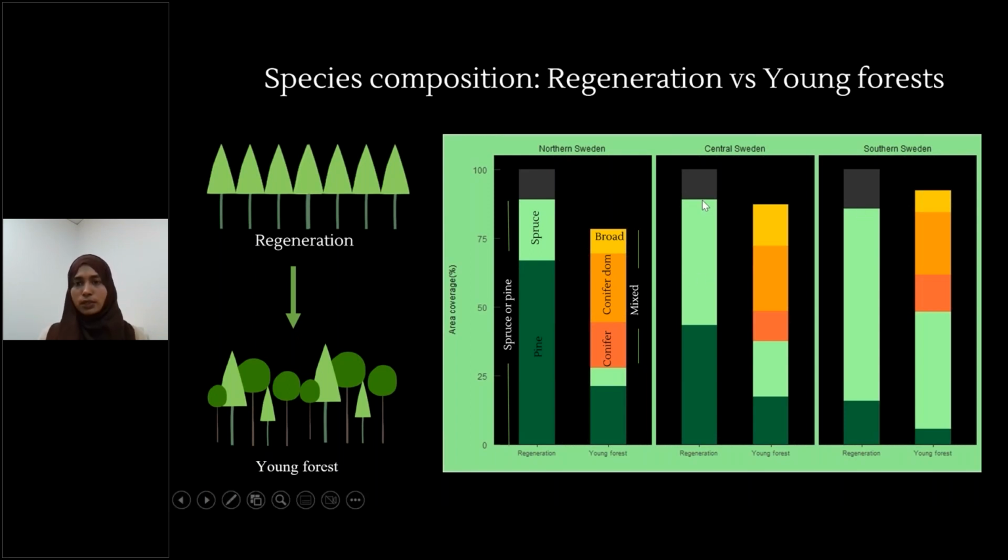And the scenario was the same in central and southern Sweden. Only in southern Sweden, the dominant species in regeneration was Norway spruce, and central Sweden was kind of 50-50. So the main finding is that species composition has changed from what the forest owner aimed for, right?